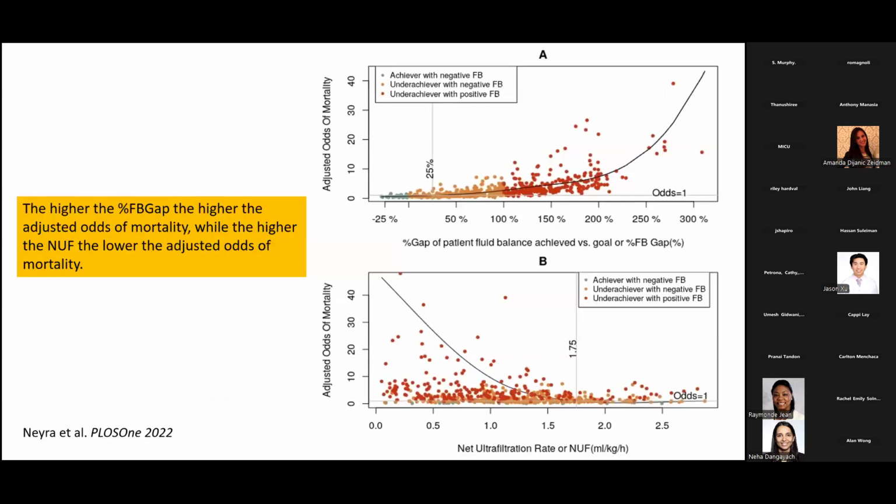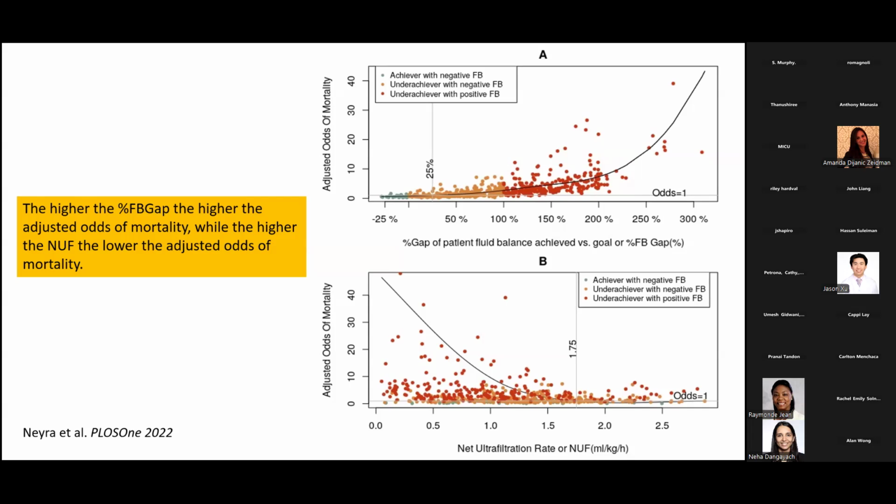Now, when we look into patients in whom we want to remove fluids, yes, similar to the first study I showed you from the University of Pittsburgh, higher tolerance to net ultrafiltration rate, lower the risk of mortality. That's in the lower side of the slide, right? So we want to remove fluid, the patient achieves that target, then patients have higher chances of survival.